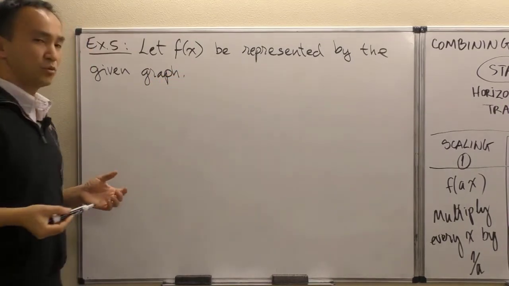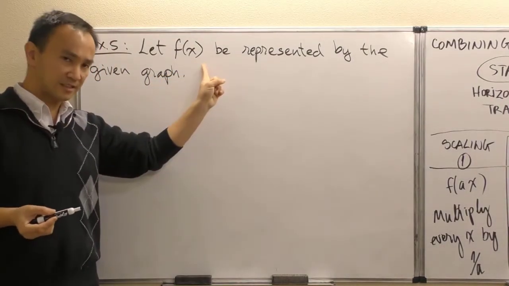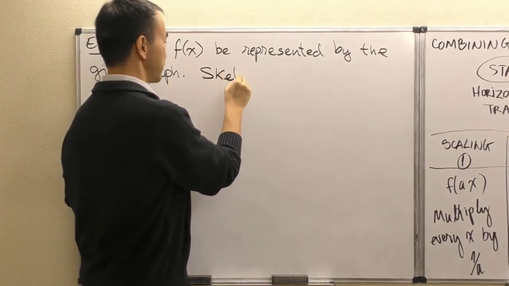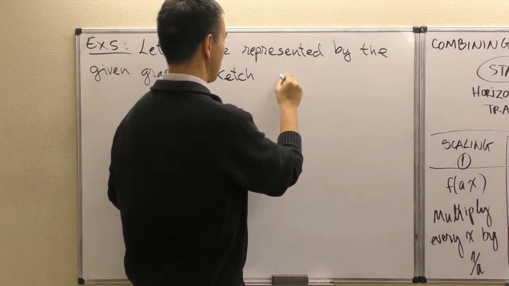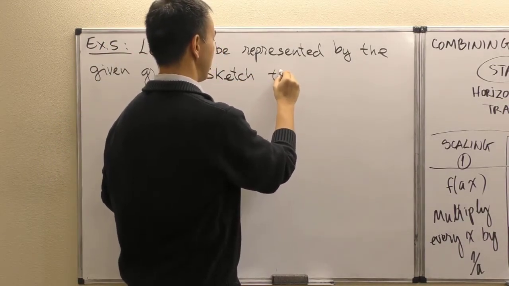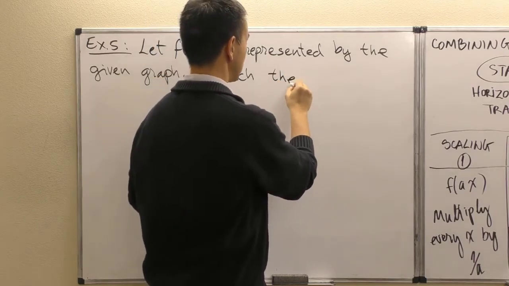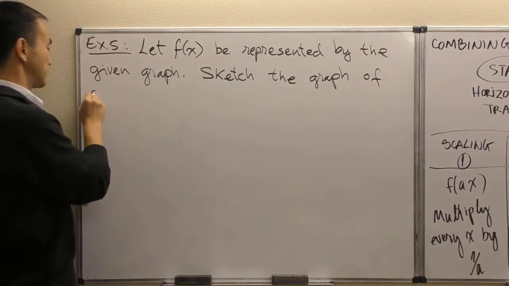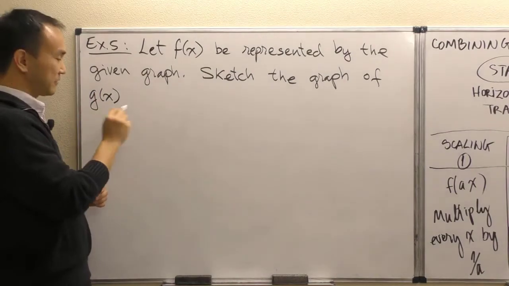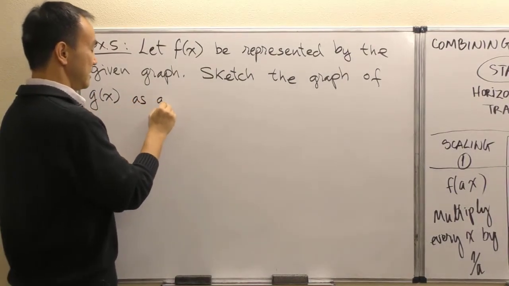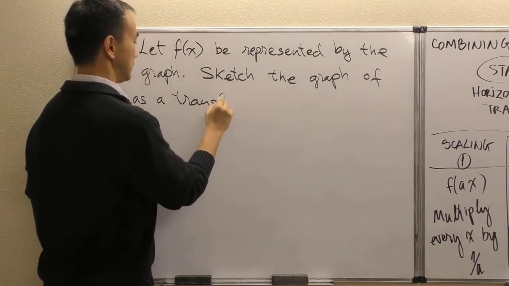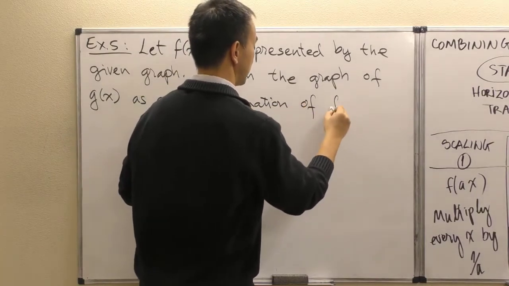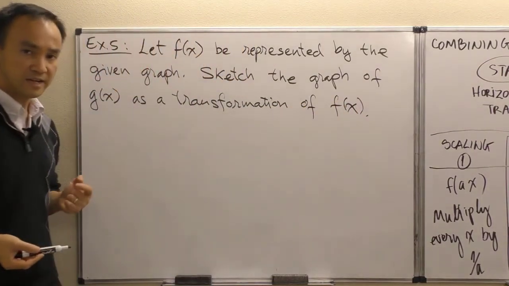Once we have the graph of f of x in hand, we are going to use that to sketch the graph of g of x as a transformation of f of x. All right, so that's what we want to do.